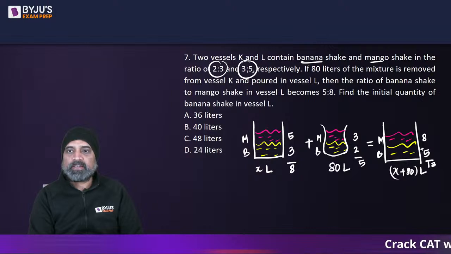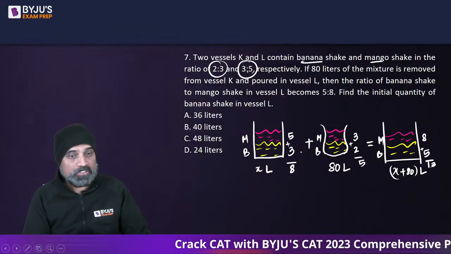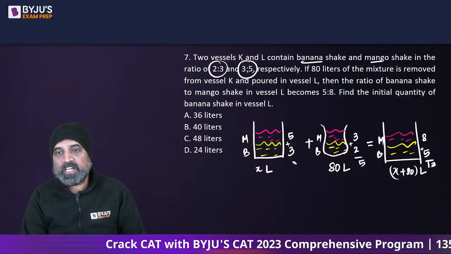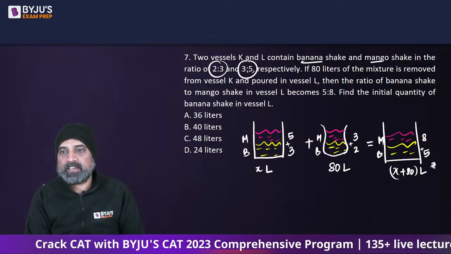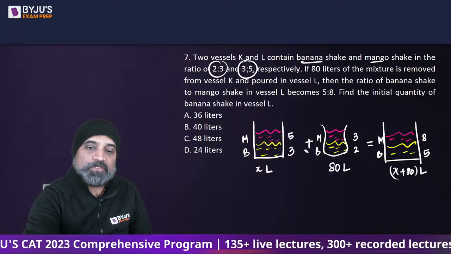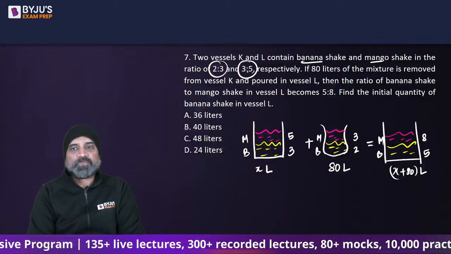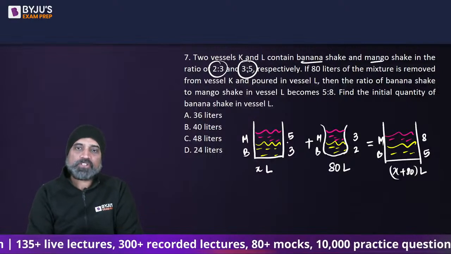As humans, we are not good with fractions. So definitely we will not use alligation. It's not that the answer won't come, but chances are that we will get stuck someplace because we are not comfortable with fractions. So let's use normal average logic.